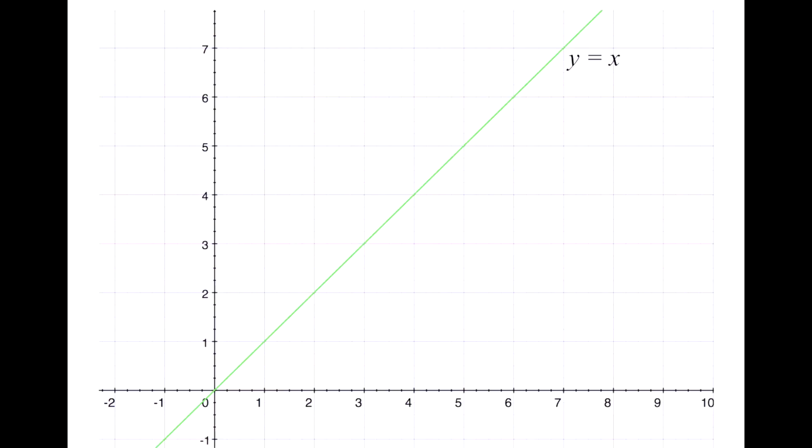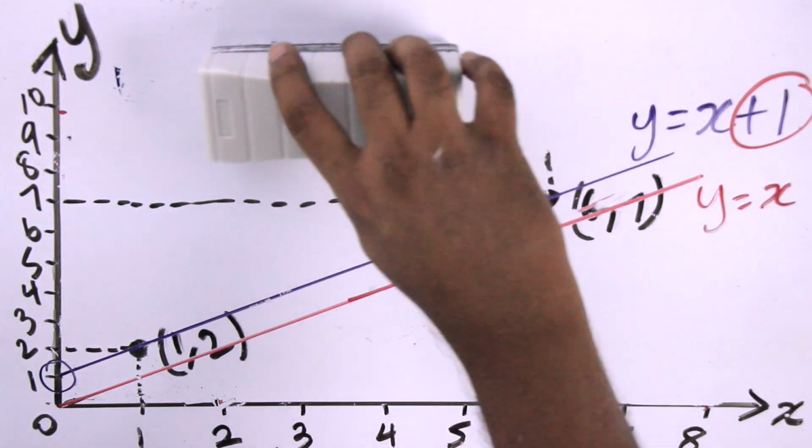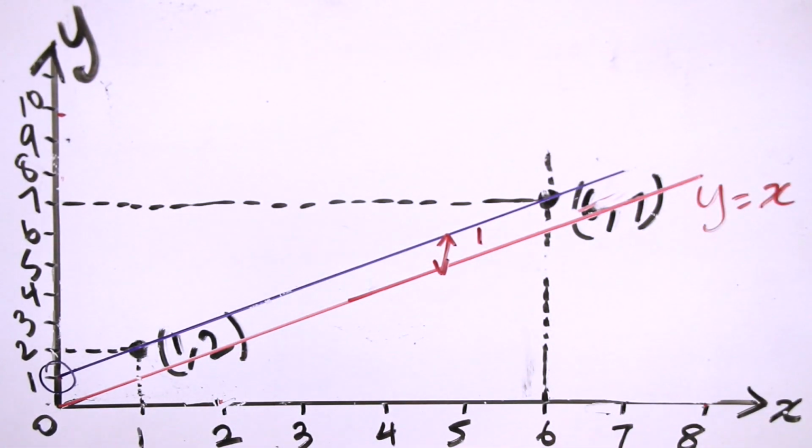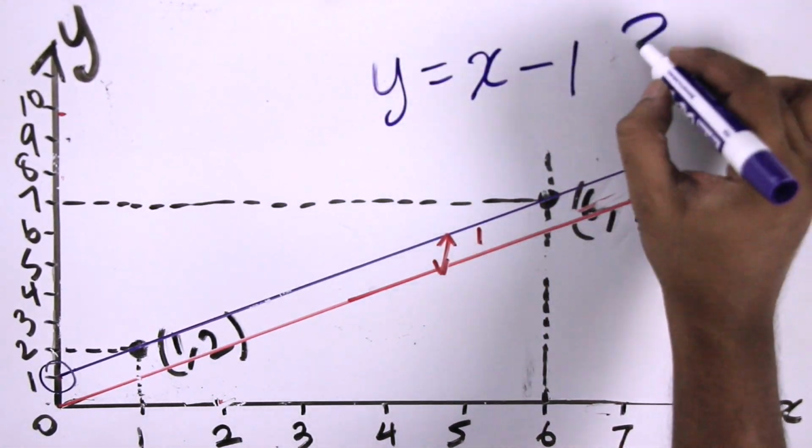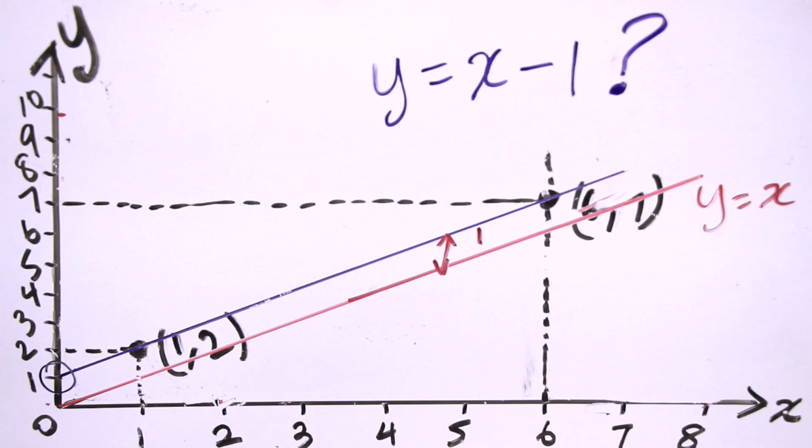What do we notice? We notice that by adding 1, we actually shift the line 1 space upwards. That is quite interesting indeed, because now, by adding a number, we learned that we could move the line up or down. So let's find out what will happen if instead of adding a number, we subtract a number.